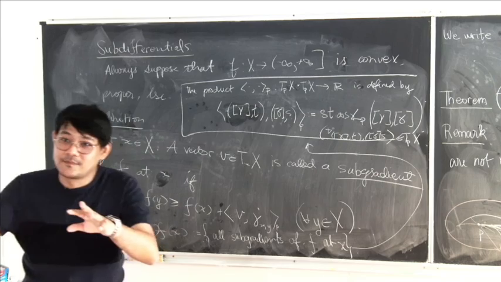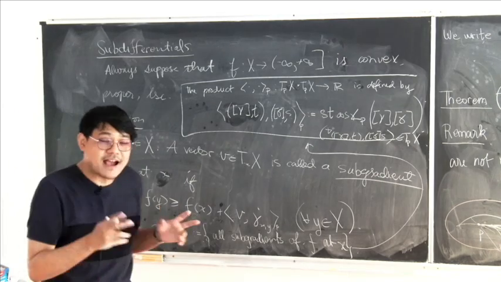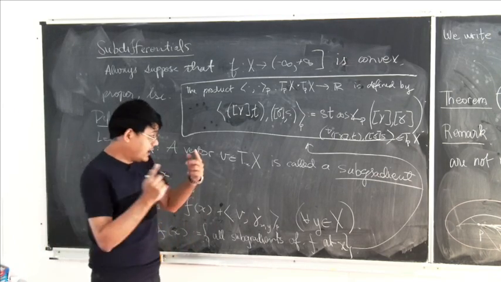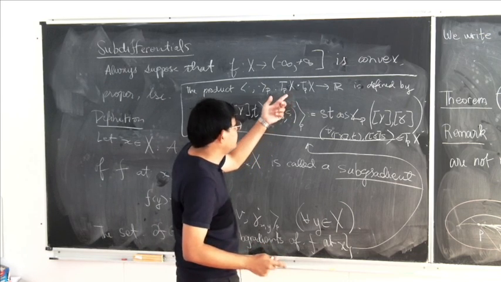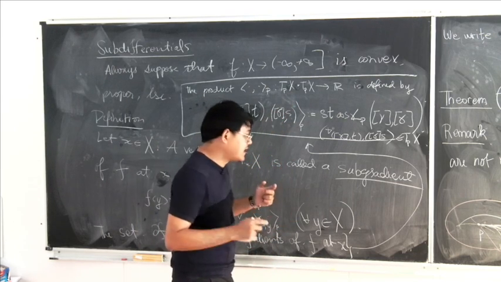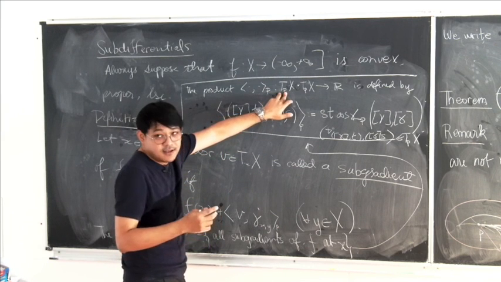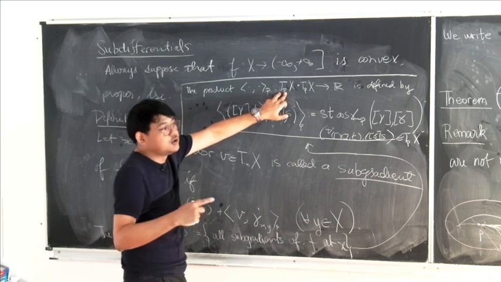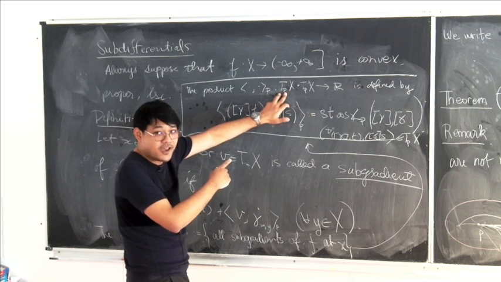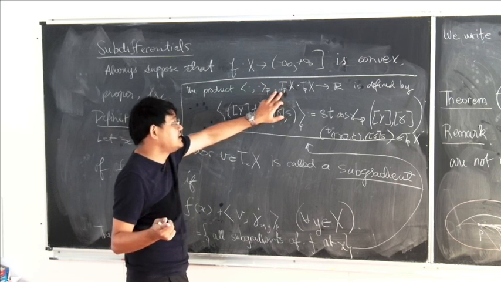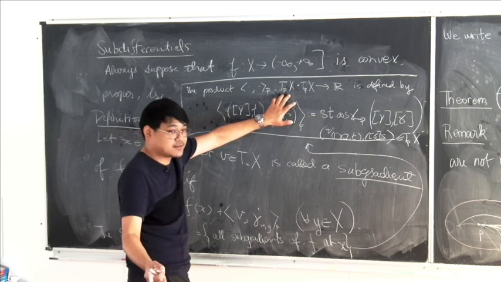It's not a metric, you call it the Riemannian metric, but actually it's an inner product on the tangent space, I forgot to say this. If X is a Hilbert space, then T_pX here is isometric to the space X itself.